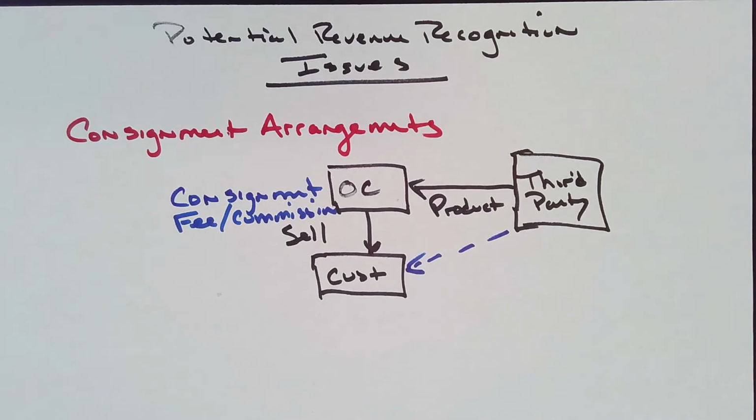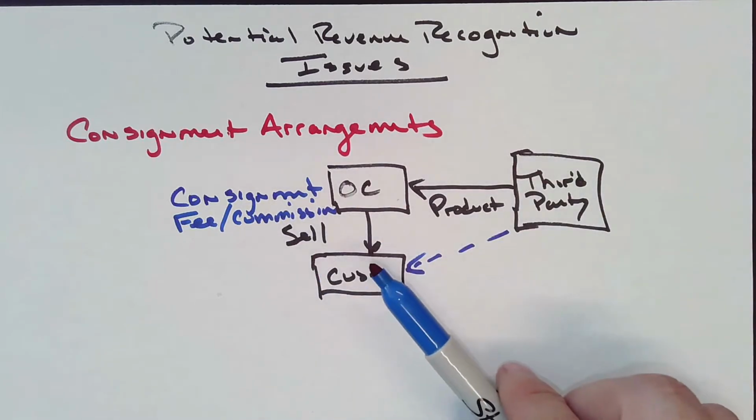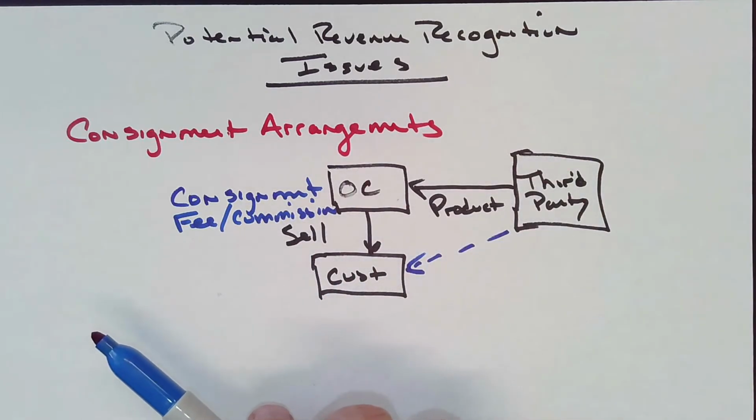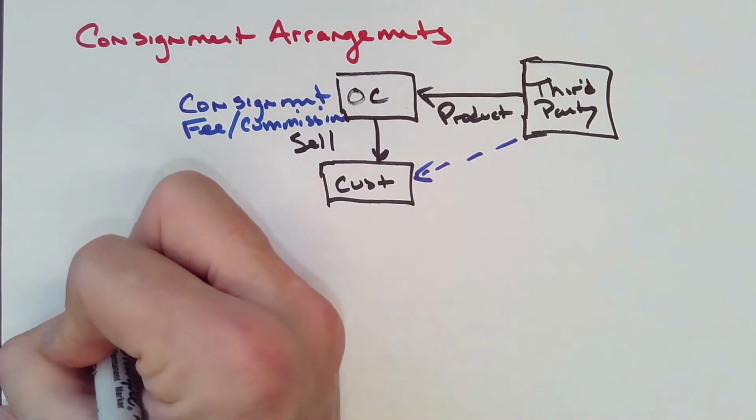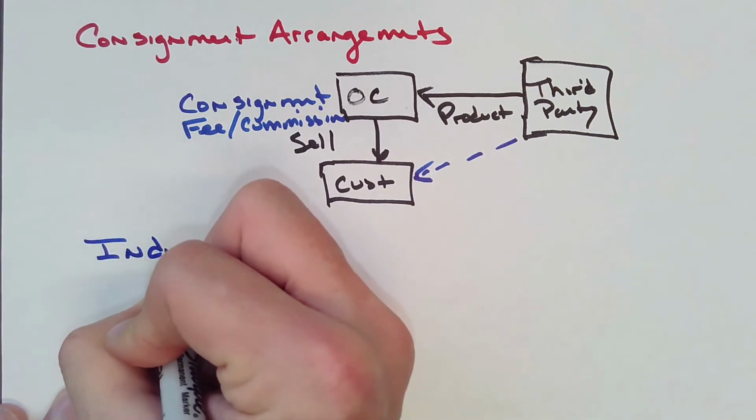Indicators that make an arrangement a consignment arrangement include, but again, not all of these things have to be there.